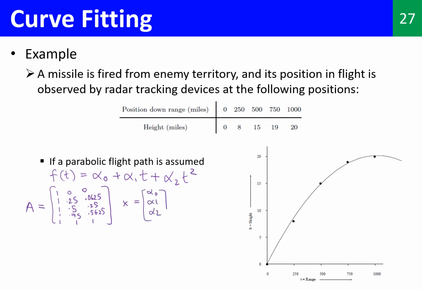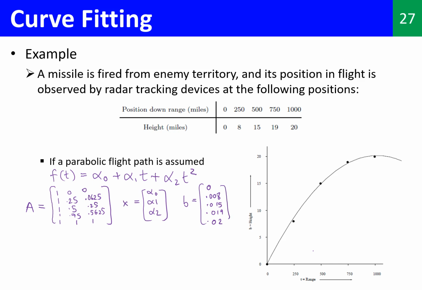And B, again from the table, we have 0, 0.008, 0.015, 0.19 and 0.2.